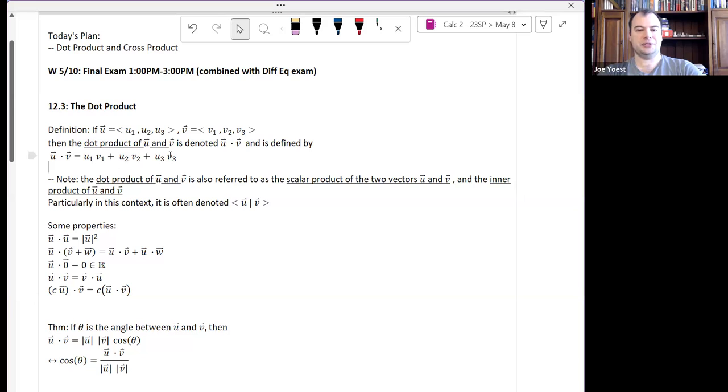This is just adding numbers together. So to be even more explicit, we could say that this is a real number. Just to be clear, we take the dot product of two vectors, multiply real numbers by real numbers, and then add the results together. That is a real number.